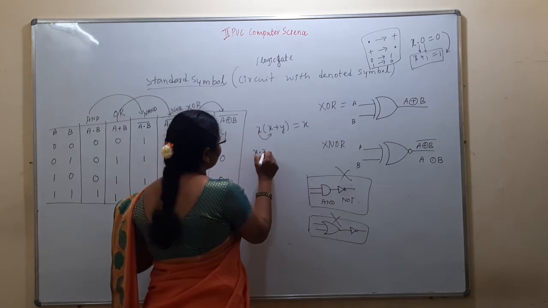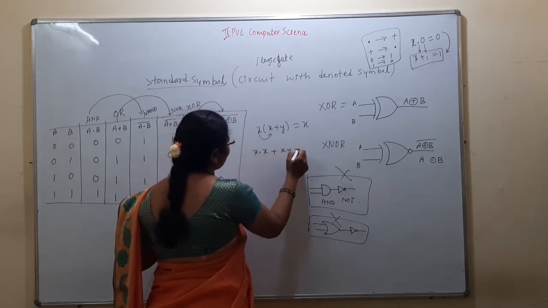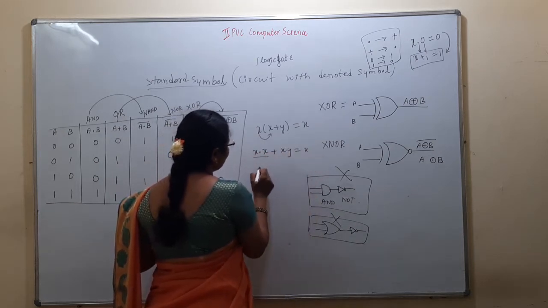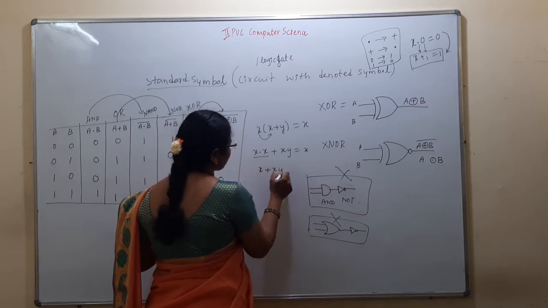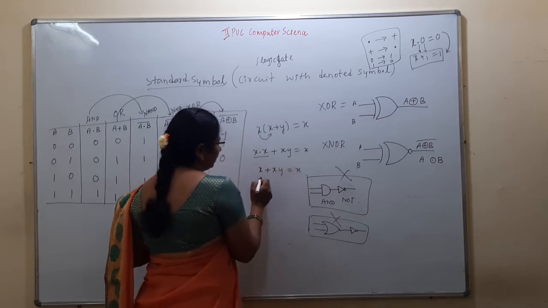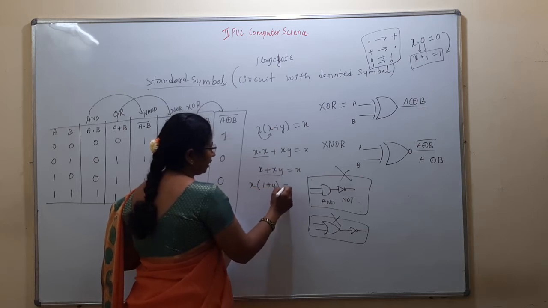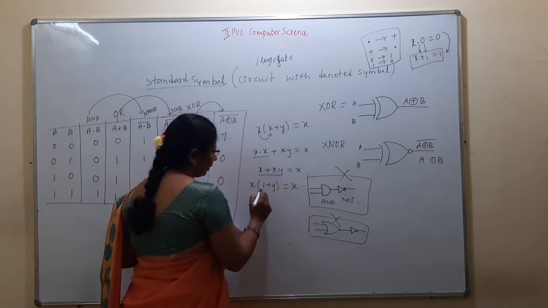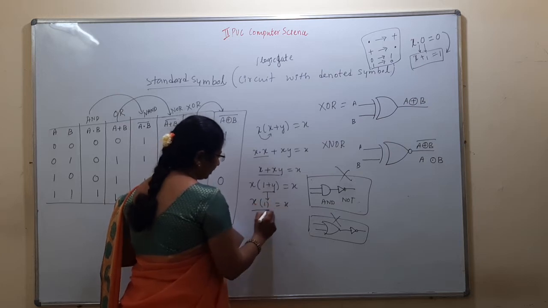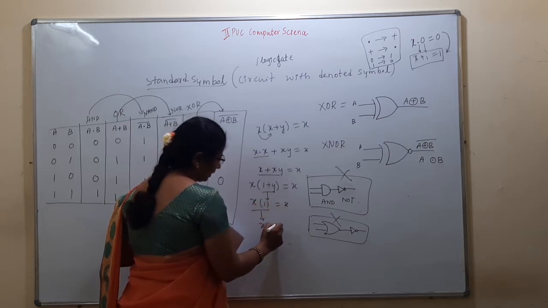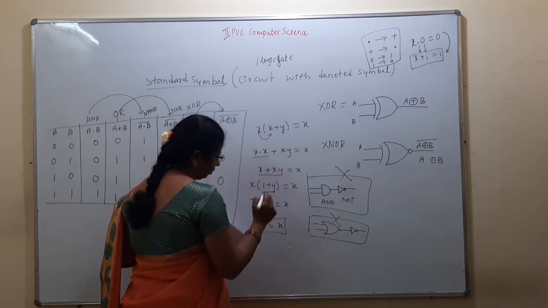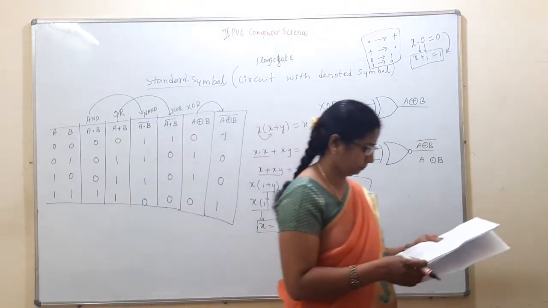You will get x into x plus xy equal to x. x into x can be written as x, plus xy equal to x. So here take x common, x into 1 plus y equal to x. 1 plus y can be written as 1, so x. x into 1 can be written as x, equal to x. Both LHS equal to RHS.